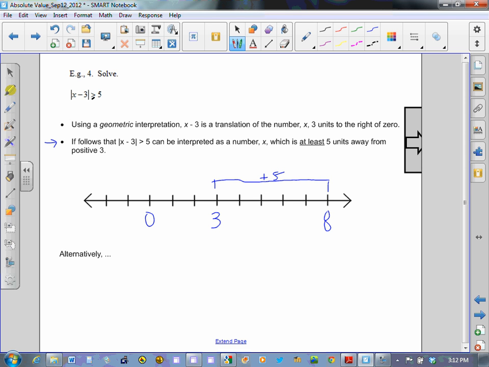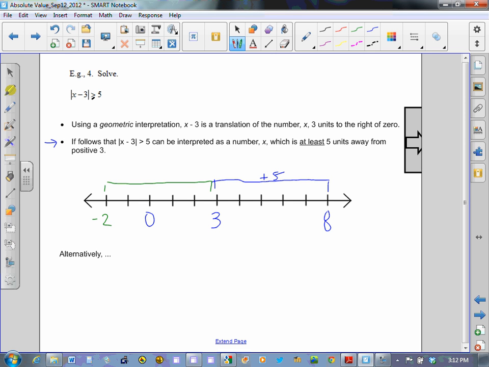At least 5 units away from positive 3 could also mean that we move in the opposite direction. So we could very well start at 3 and move backwards to this location here on the number line, at which we would be at minus 2.